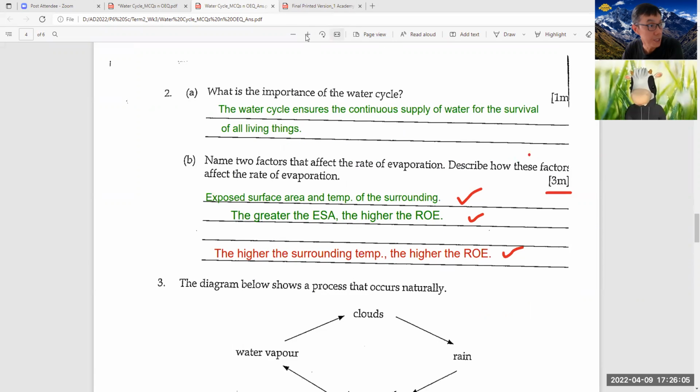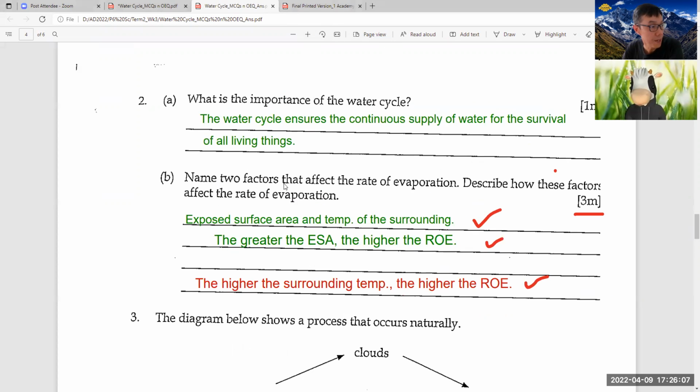Then part B, you are supposed to name two factors that affect the rate of evaporation. In fact, for primary 5, you have learned that actually there are 4 factors. So out of these 4 factors, you are required to name 2 and then describe how these factors affect the rate of evaporation. So normally I would recommend you to choose the more common ones, which are the exposed surface area and the temperature of the surrounding.